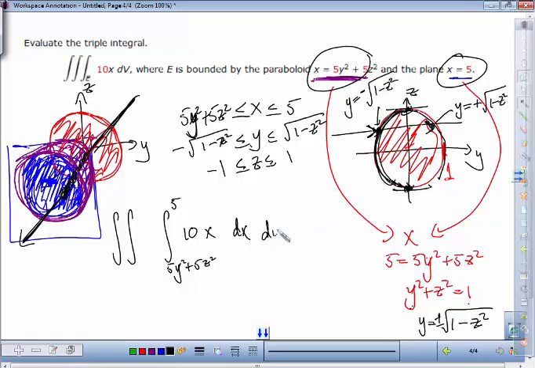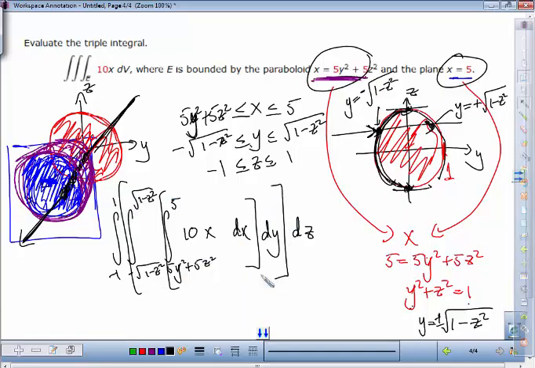And then I'm going to integrate with respect to y, and my y limits are negative square root of 1 minus z squared to positive square root of 1 minus z squared. And then I'll integrate with respect to z, from negative 1 to 1. And these are my iterated integrals.